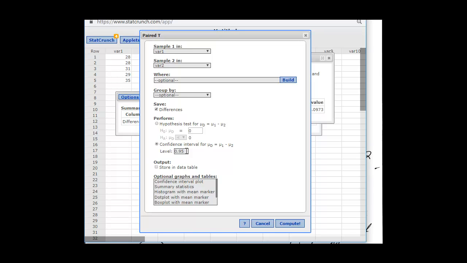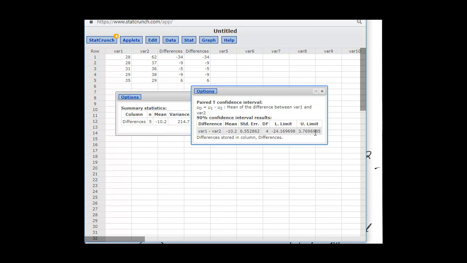The confidence interval that's going to give me 5% in that left tail and the right tail as well is a 0.9, so I need to click that to get my correct confidence interval, which was negative there. Okay, but what we want to point out is that we've got a lower limit that is negative and an upper limit that is positive, so 0 is in that limit. We can't possibly reject the null hypothesis if 0 is in that.